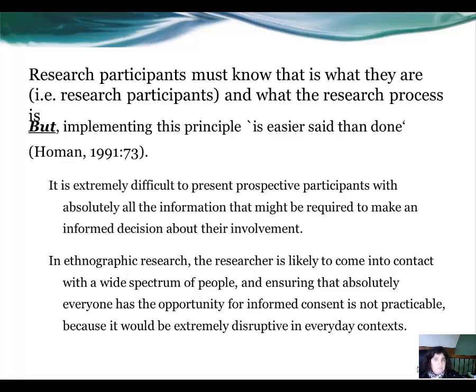So even though we say that research participants must know that is what they are, you must do your utmost to achieve that, and also your utmost to identify what the research process is.